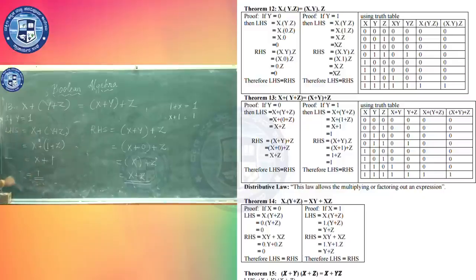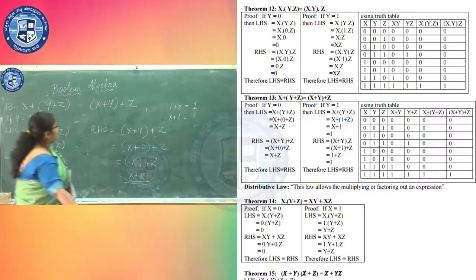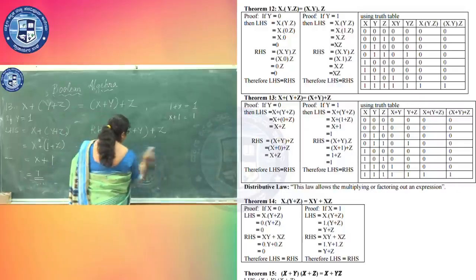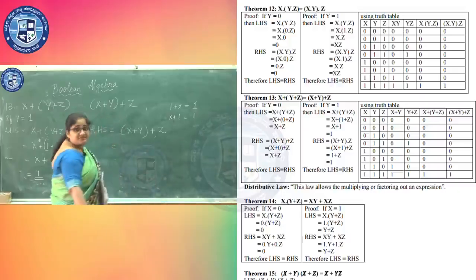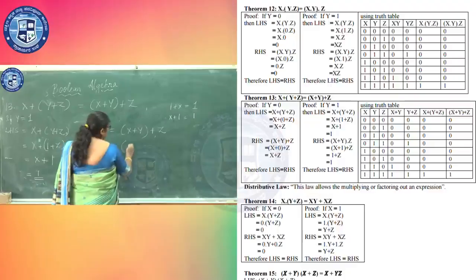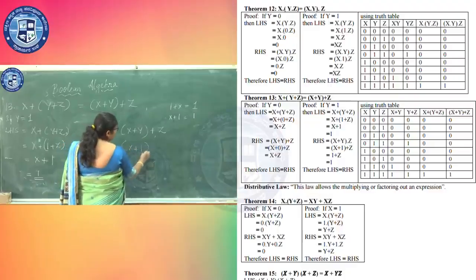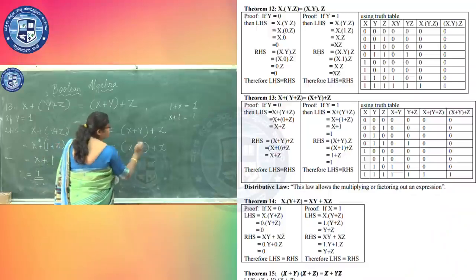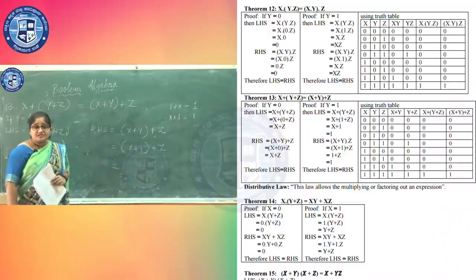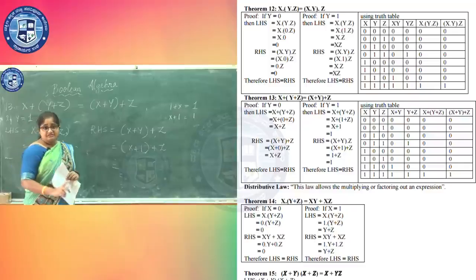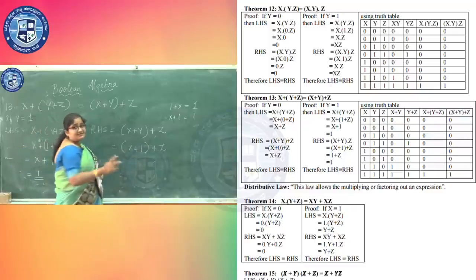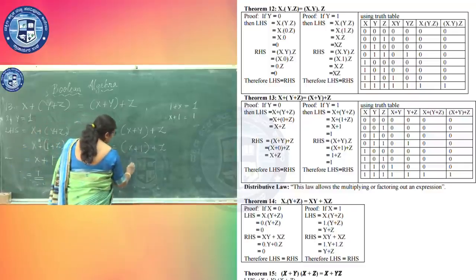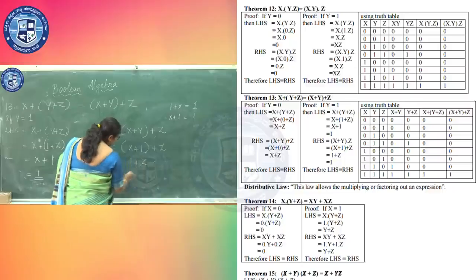So LHS is 1. Next, I am taking the RHS, x plus 1 plus z. x plus 1, from the properties of 0 and 1, we infer that x plus 1 is nothing but 1, 1 plus z.